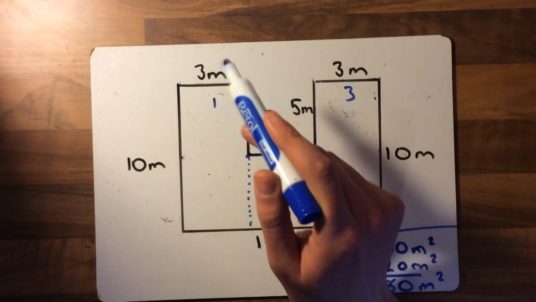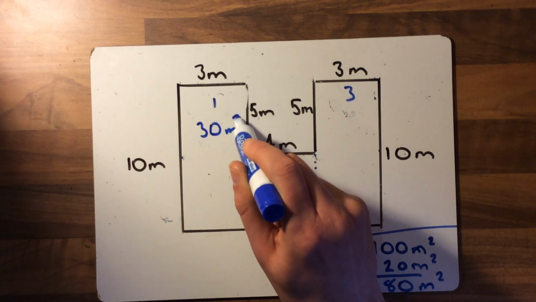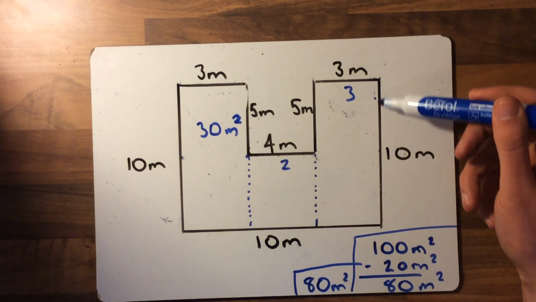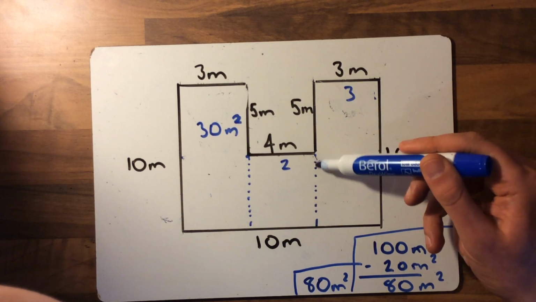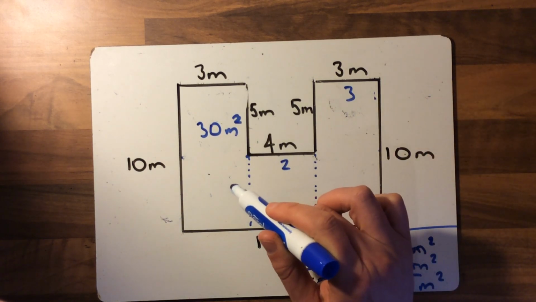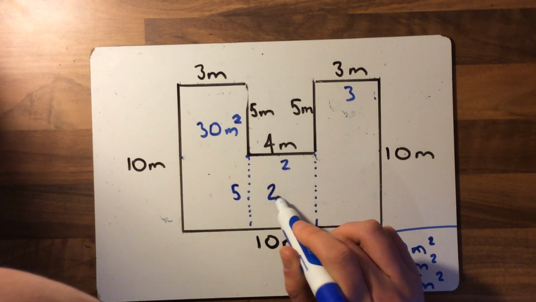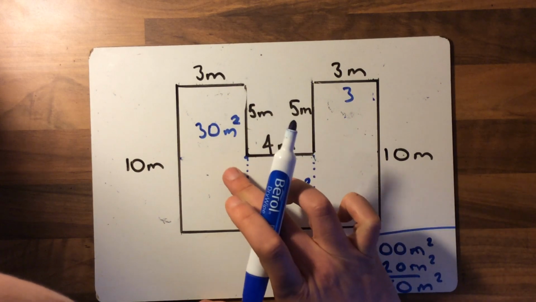It is 10 times by 3, which is 30 metres squared. Worked out 1, let's work out 2. If this whole one here is 10, this section is 5, so this section here has to be 5 metres again. 4 times by 5 gets us to 20 metres squared.